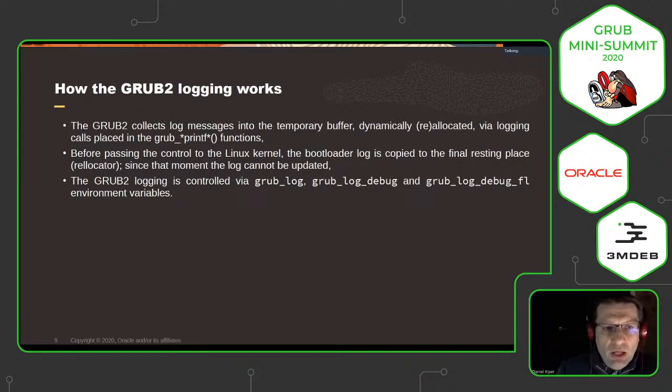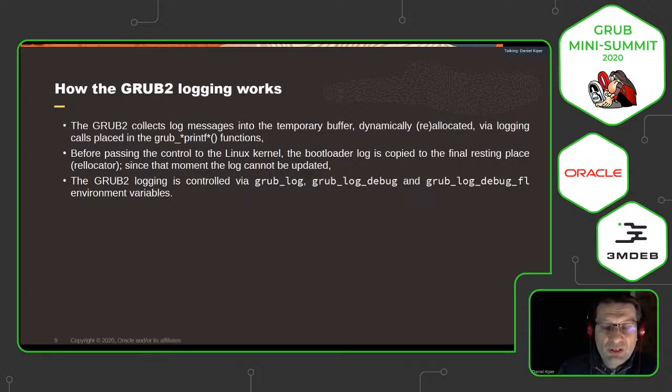So initially, we have a bootloader, in this case GRUB, which collects messages into temporary buffers. A temporary buffer is allocated during the GRUB initialization, and when the GRUB works, messages are attached to the buffer.